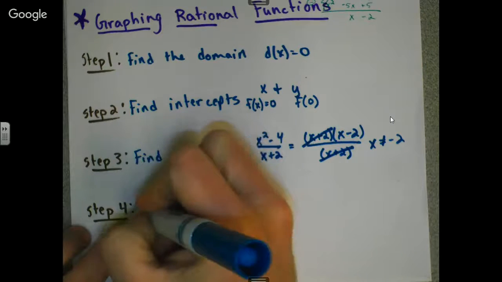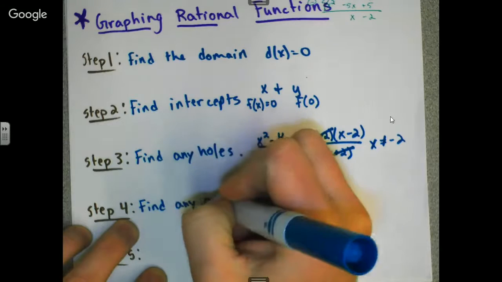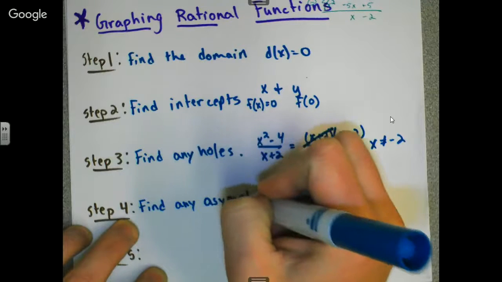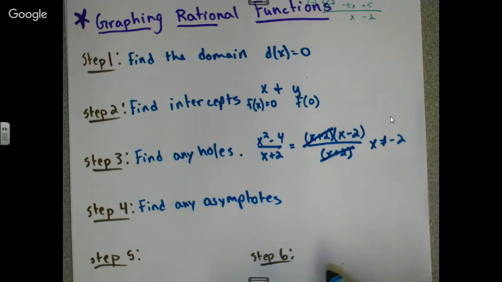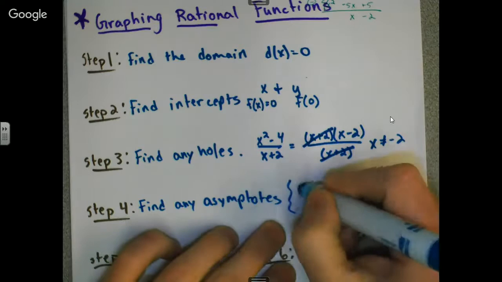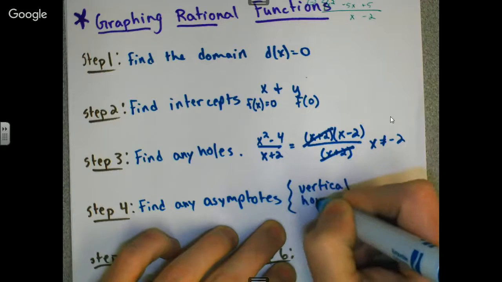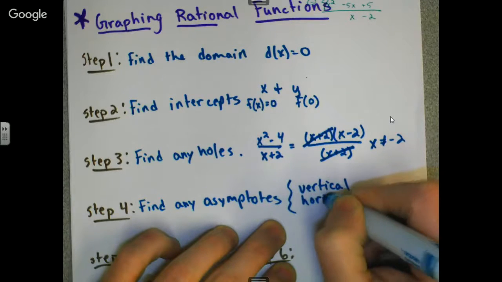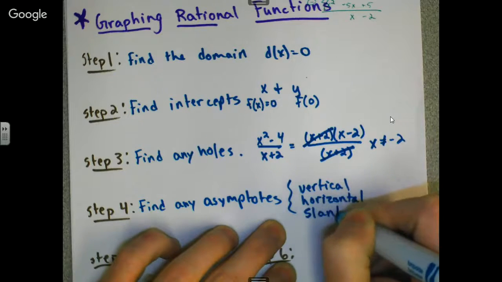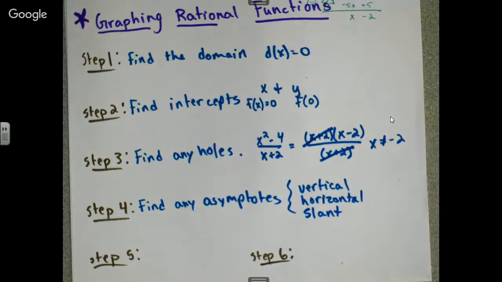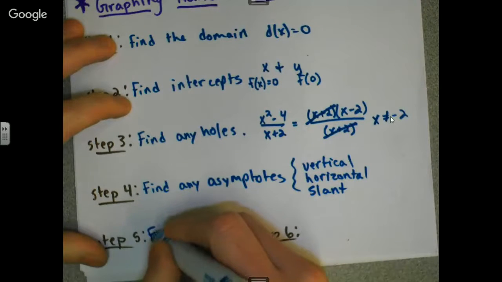Step 4 is find any asymptotes. That's vertical, horizontal, and slant. Step 5 is find additional points.